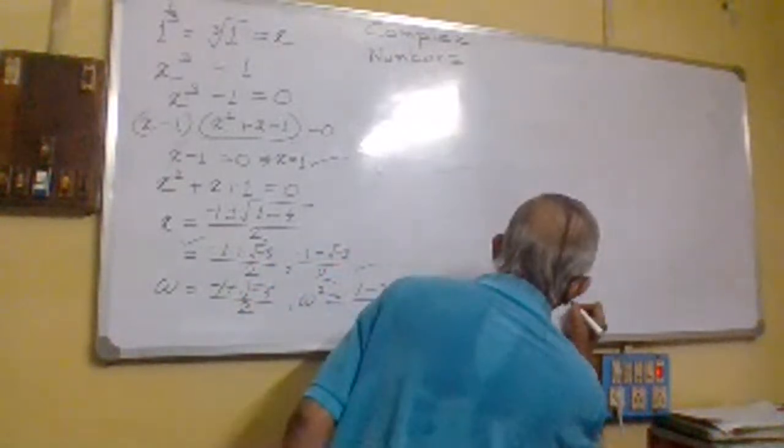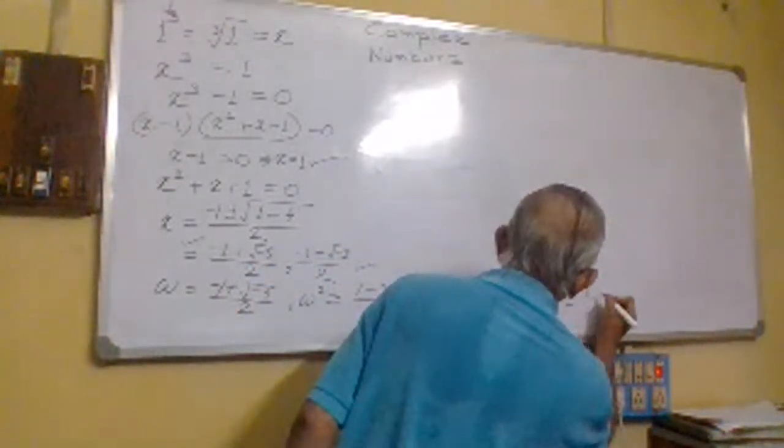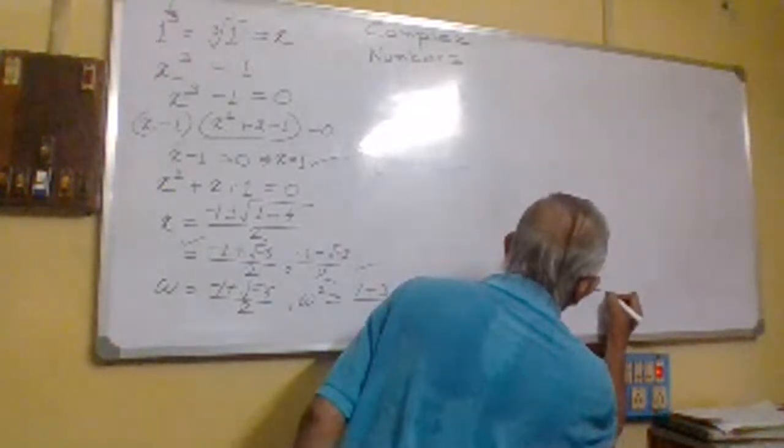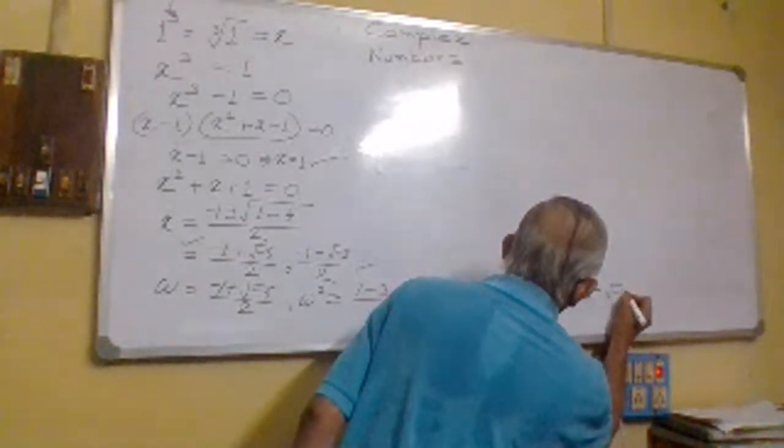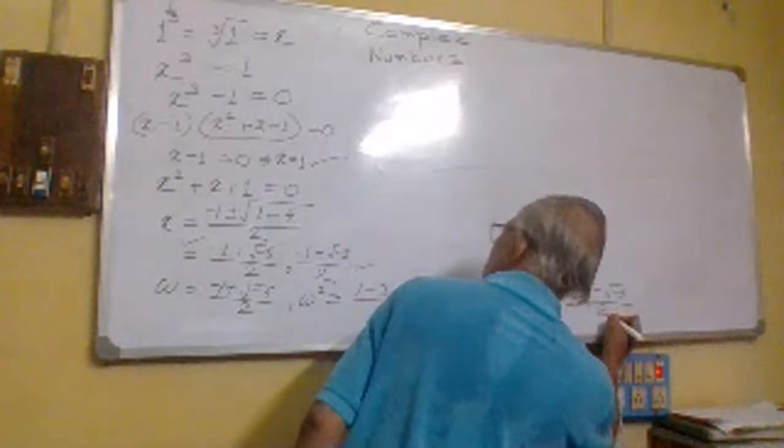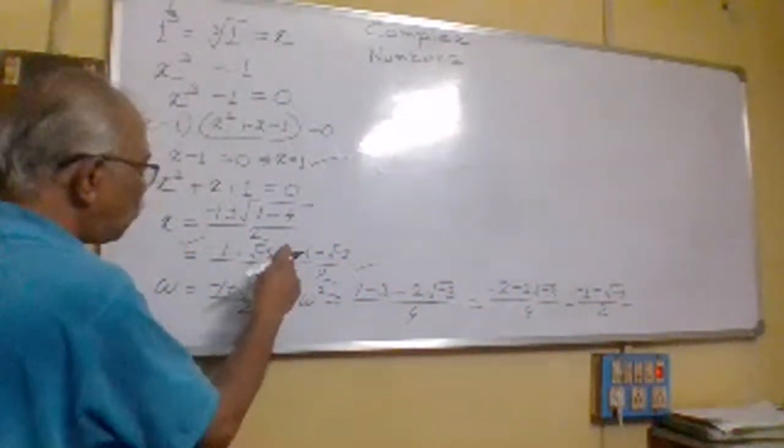Cancelling by 2, we get minus 1 minus root of minus 3, by 2. See, we got this one.